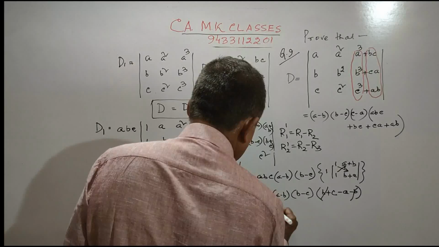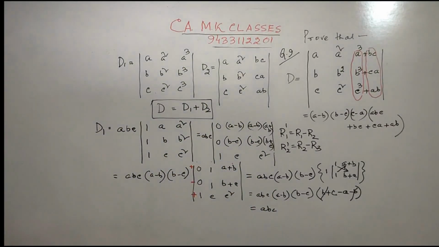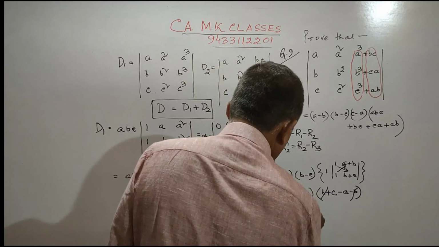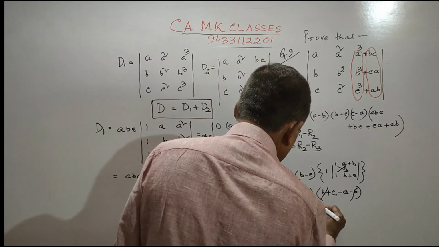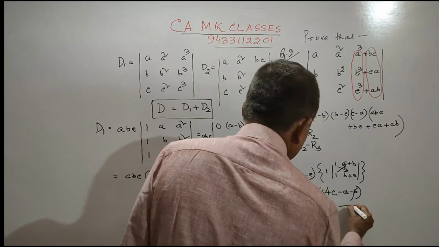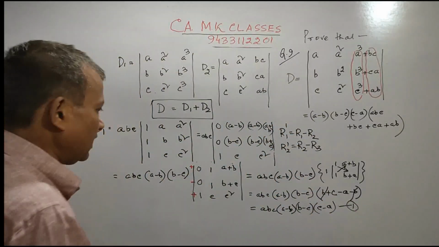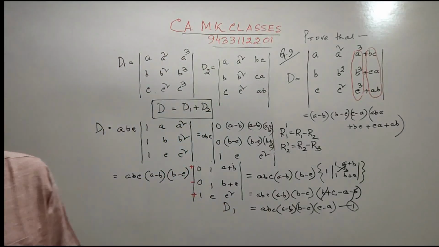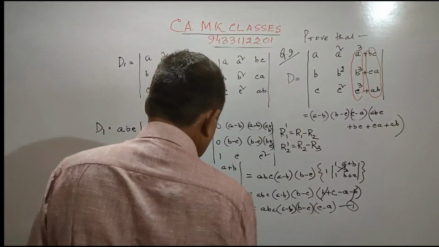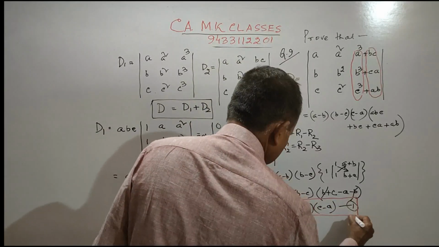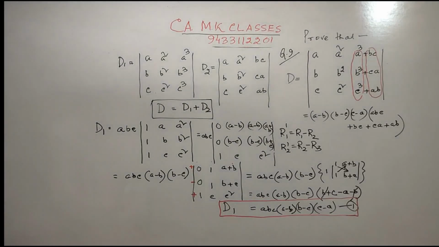So ultimately we get abc (a minus b)(b minus c)(c minus a). This is the value of D1. Now we will go to D2.